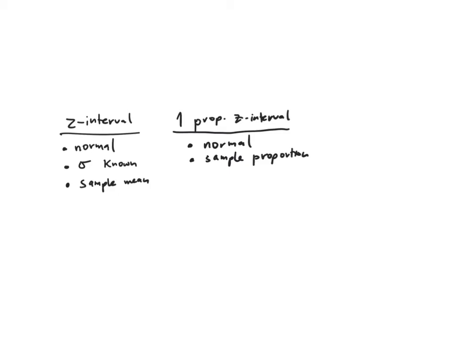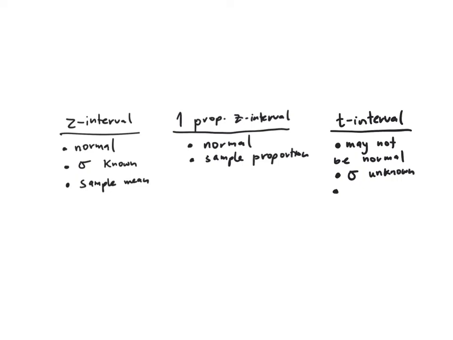Okay. And then today's lesson is using the T interval. So here in a T interval, it may not be normal. Here, the standard deviation of the parameter of the population is unknown, and we are working with a sample mean.